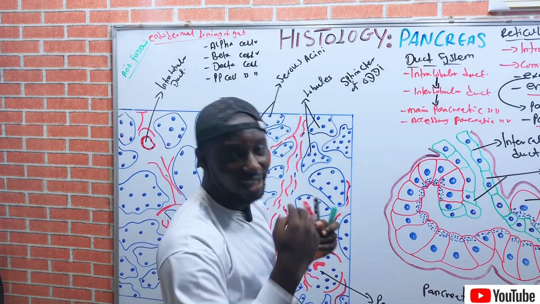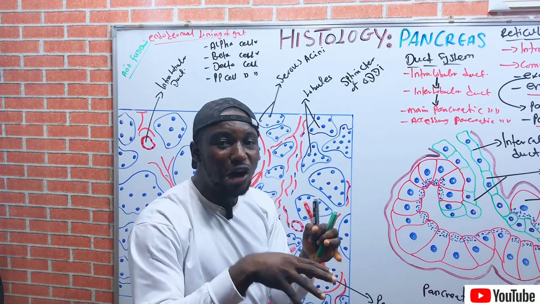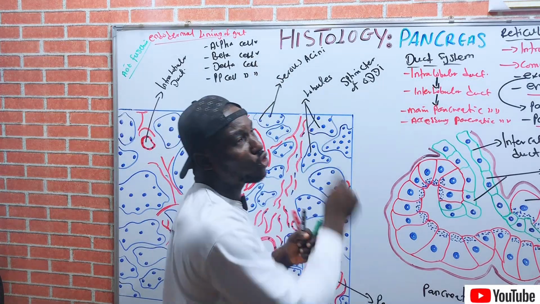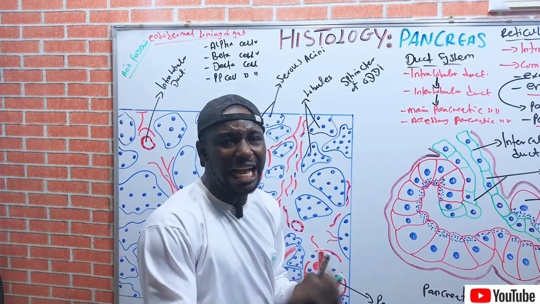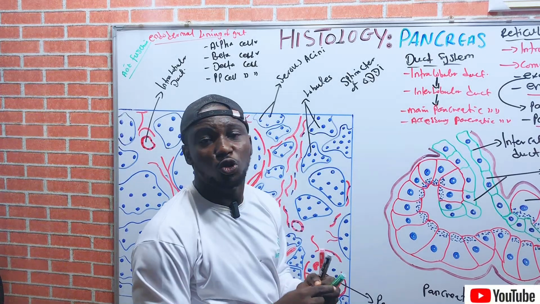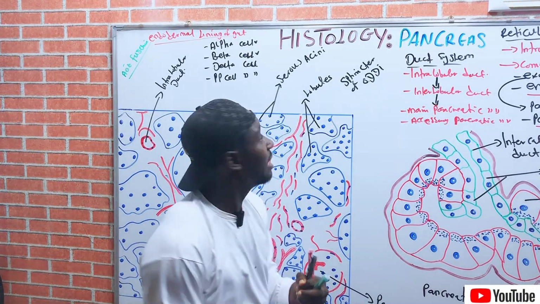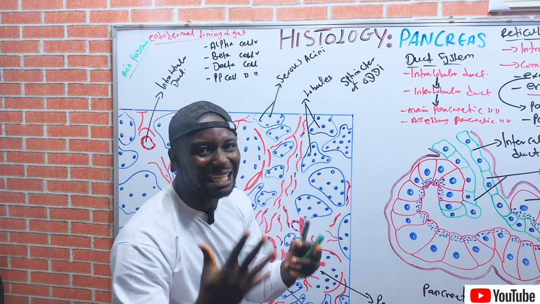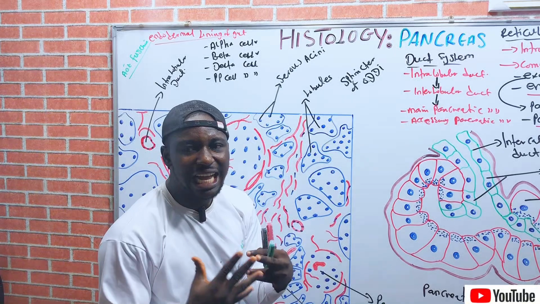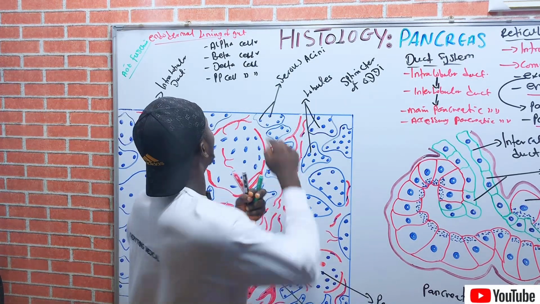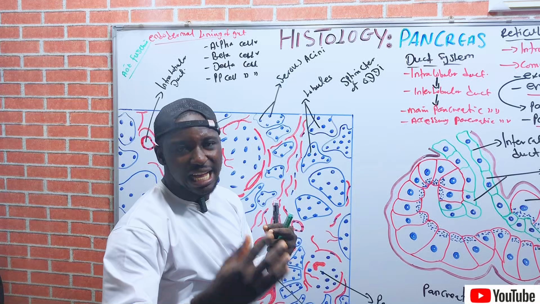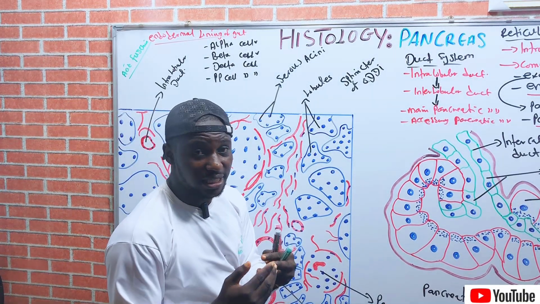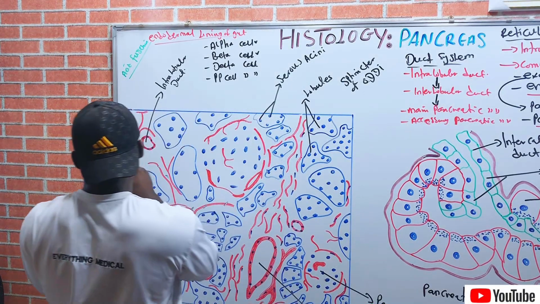The beta cells constitute 70% of the pancreatic islet, whereas the alpha cells constitute 20%. The beta cell has larger granules compared to the alpha cell, which has smaller granules, and the beta cell is stained by aldehyde fuchsin.